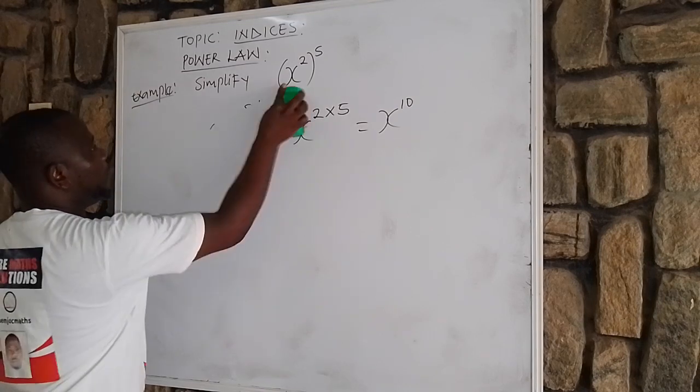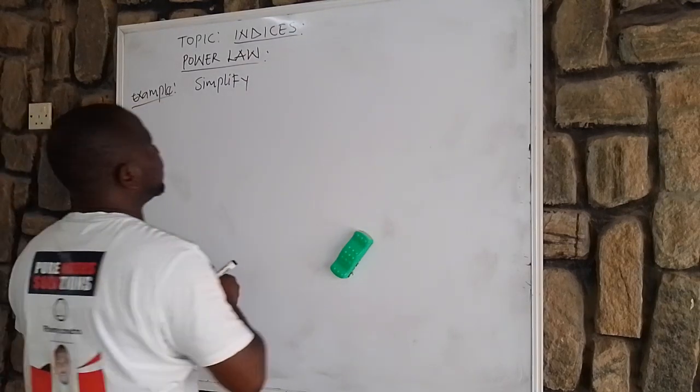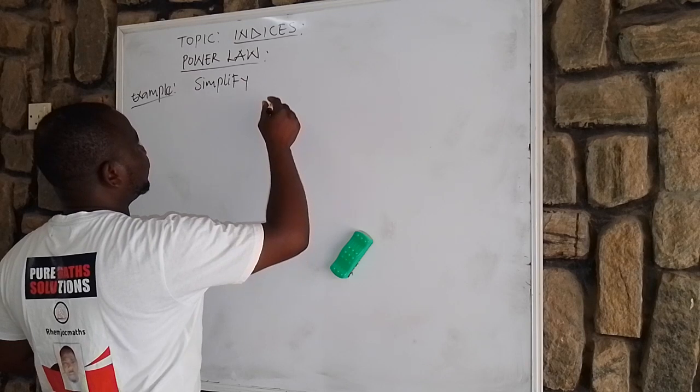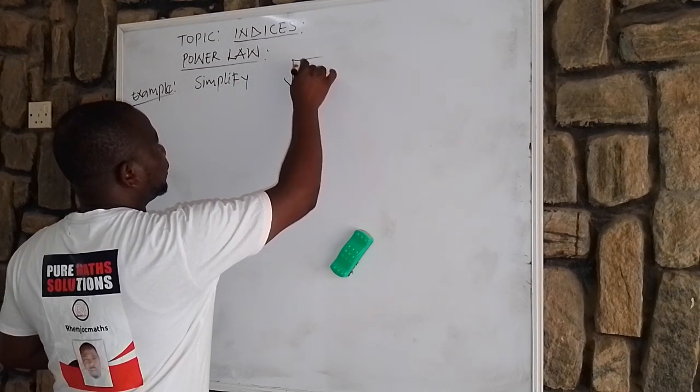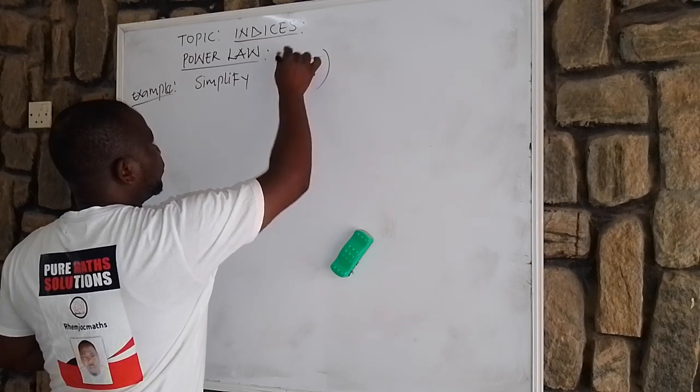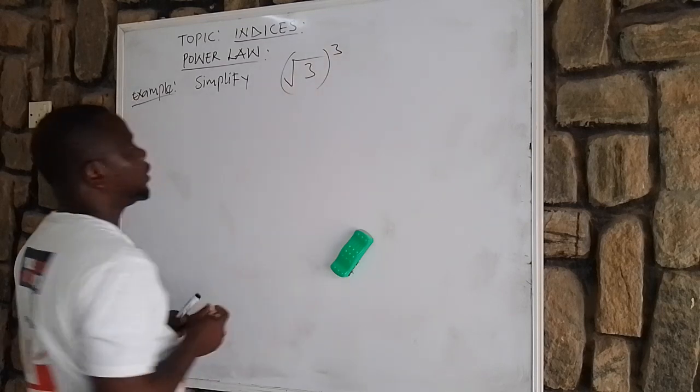Okay, let's look at another problem. Let's look at more examples. Assuming we have: simplify root 3, open bracket, raised to power 3.